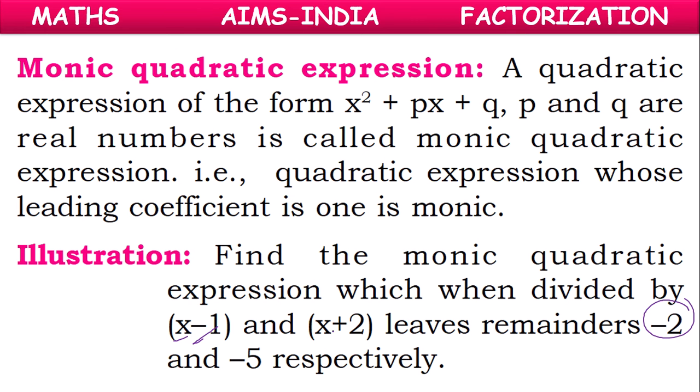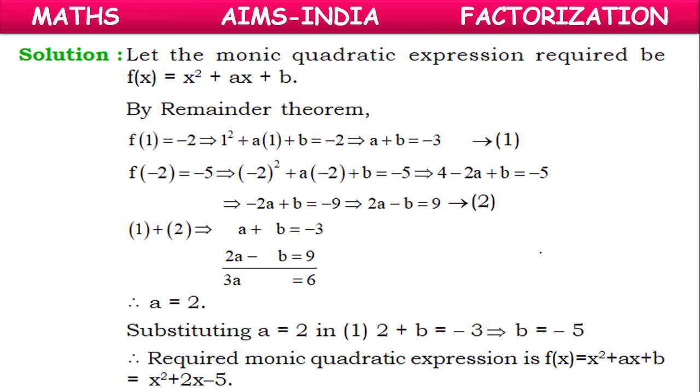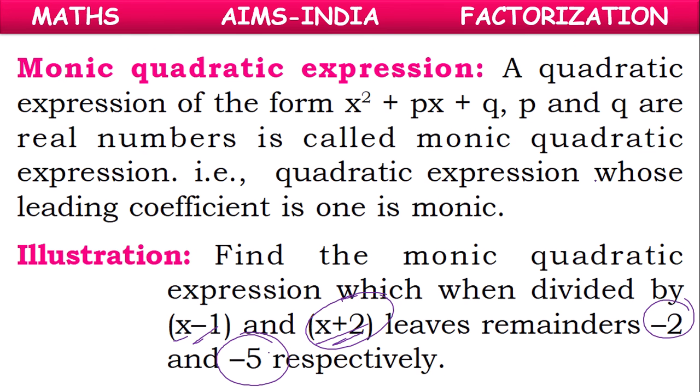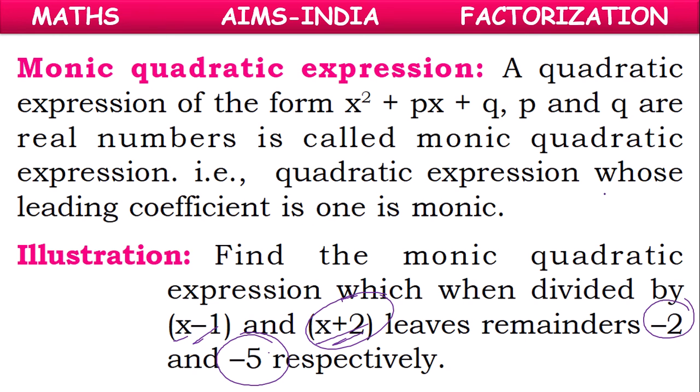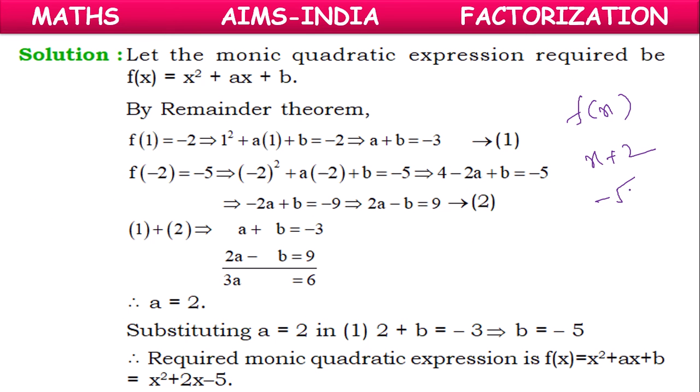Now, if it is divided by x plus 2, then the remainder is minus 5. Suppose the expression is f of x, if it is divided by x plus 2, according to the remainder theorem, the remainder is f of minus 2, which is equal to minus 5. In the place of x, we have to keep minus 2.